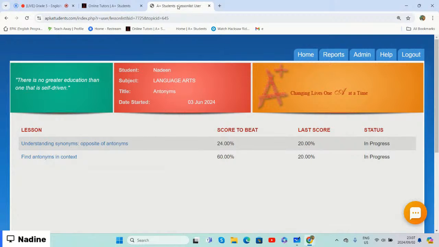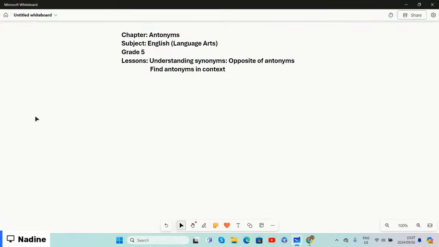So it's like different words, but they have the same meaning or almost the same meaning as the other word. That is synonyms. Today we are doing antonyms, and antonyms are the opposite of synonyms. Synonyms are words with the same meaning, whereas antonyms are words with the opposite meaning.